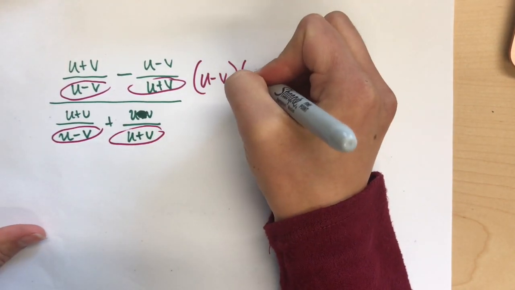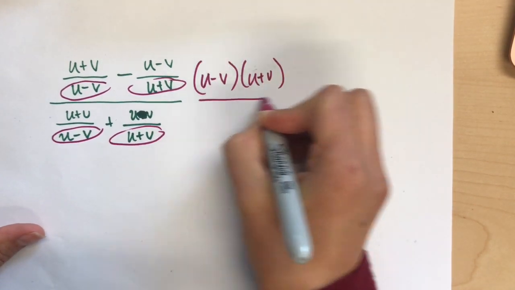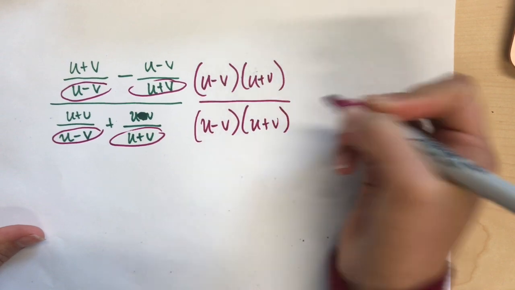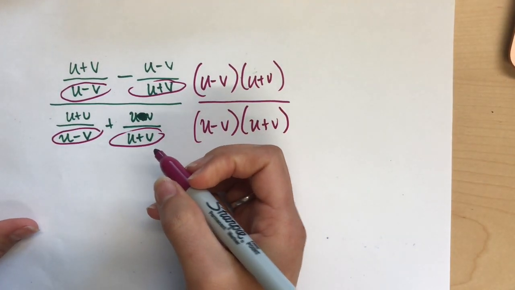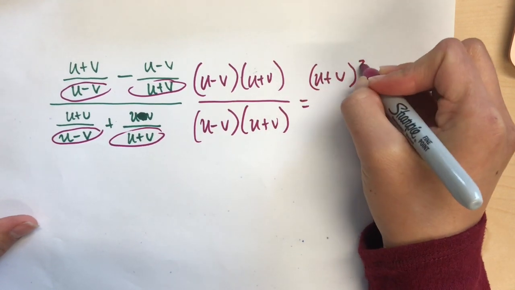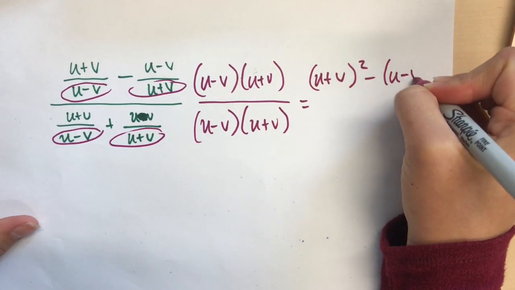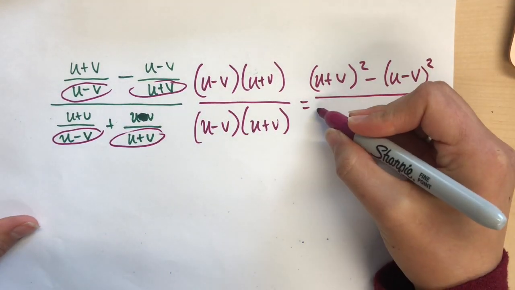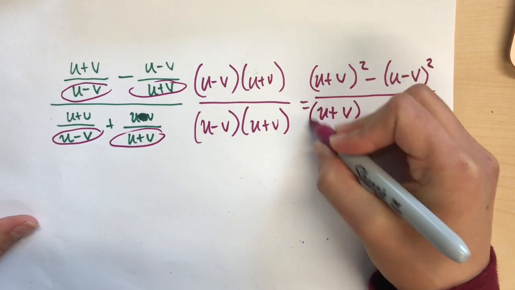Now, if I take u minus v times u plus v and I distribute it across the top, across the bottom, notice that in the first term on the top, the u minus v's are going to cancel. I'm going to be left with u plus v squared. And then in the second term, a similar thing happens. U plus v cancels, and I'm left with u minus v squared. And then on the bottom, same sort of thing, right?